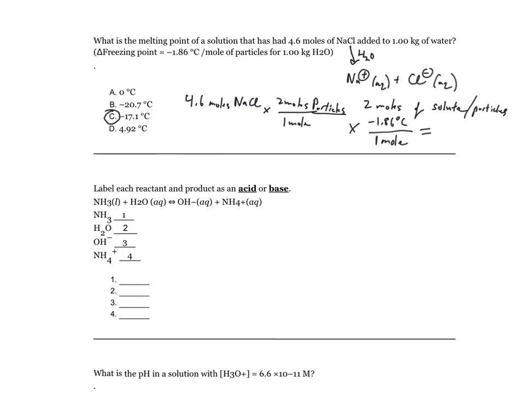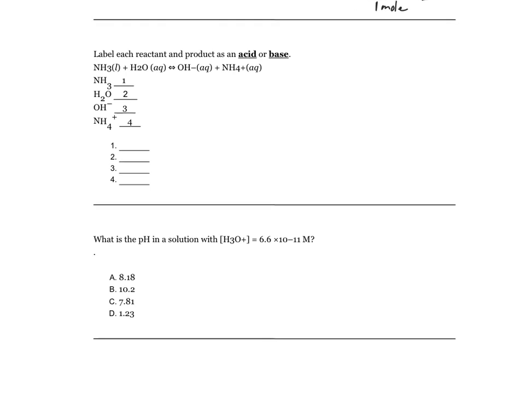The next question: label each reactant and product as an acid or base. If we look at the changes here and here, you see that NH3 gains H plus to become NH4 plus.